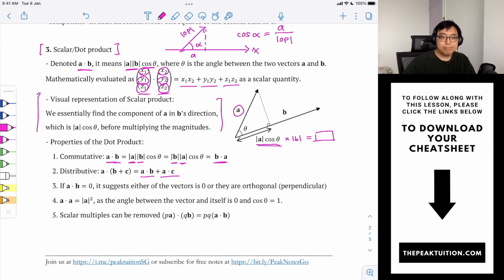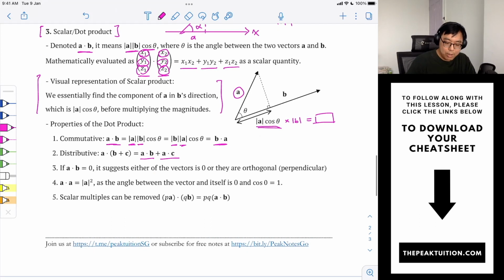And if we have A dot A, we should get the magnitude of A squared because the angle between the vector and itself is 0 and cosine 0 is 1. In essence, you are thinking of what's the component of myself in my direction, and you end up with yourself multiplied by yourself. So this is quite a natural result.